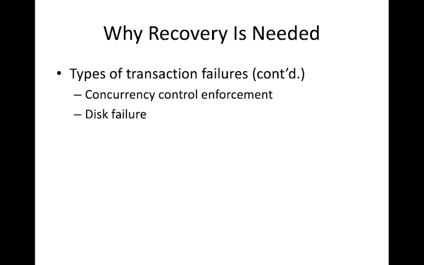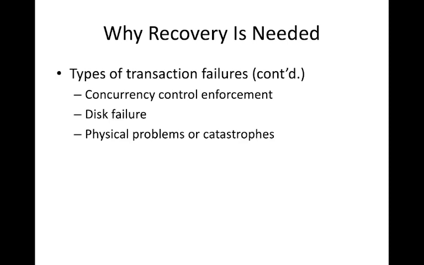Then disk failures can occur. Some disk blocks may lose their data during a read or write malfunction, or a hard disk may crash. We have to recover from this disk failure. Another type of failure is physical problems or catastrophes.